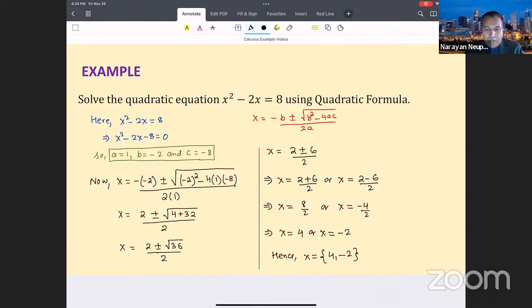Or similarly, if you plug in negative 2, negative 2 squared minus 2 times negative 2, that will also be 8. So we can say that positive 4 and negative 2 are the roots of this quadratic equation. So this is how we can solve quadratic equation using quadratic formula.